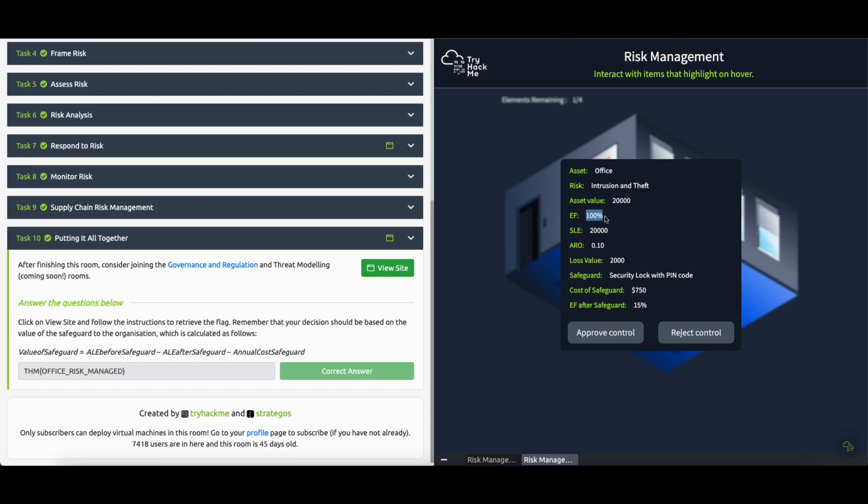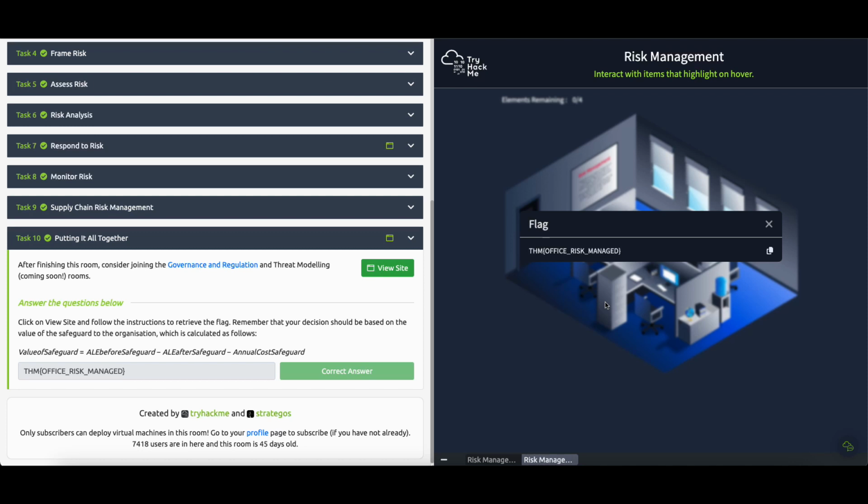It was 100%, but now it's 15%, and it's cheaper than the loss value. Okay, so we can approve control here too. And finally, we captured our flag, and it means we successfully completed our practical question.